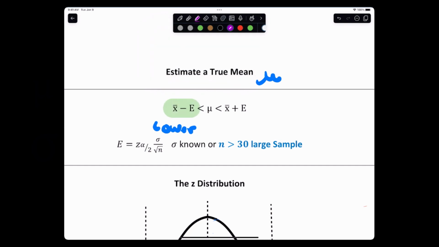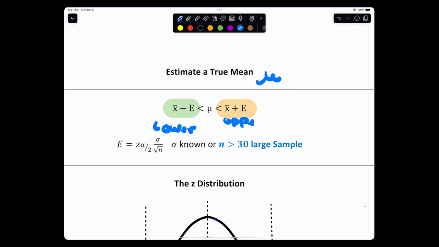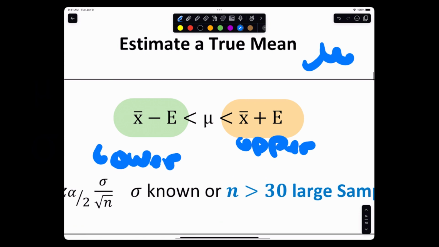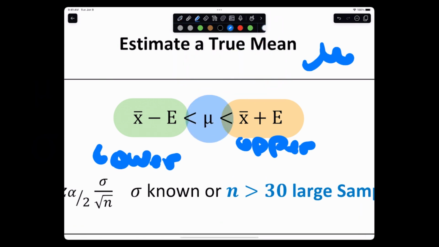And then to the right, ladies and gentlemen, we have an upper value here, okay? So we have a lower value and an upper value estimate of this true what? Mean mu. So we're going to make an estimate of mu for a large what? Sample.